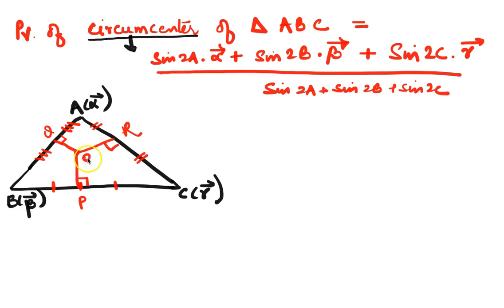The perpendicular bisectors are concurrent. We are again not going to prove the concurrency property of the circumcenter. We are going to assume this in this particular video, but we will go ahead and find out the position vector of the circumcenter.